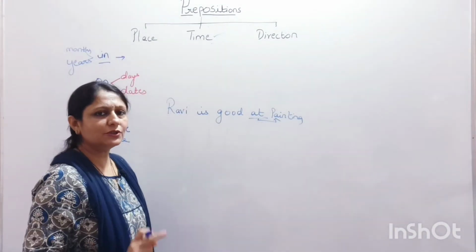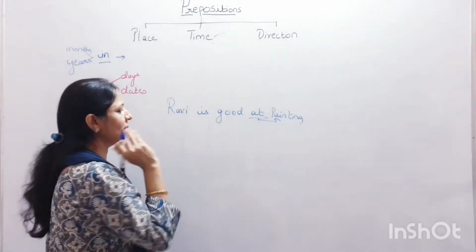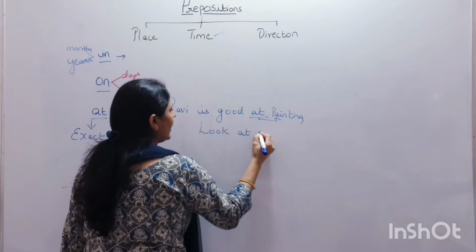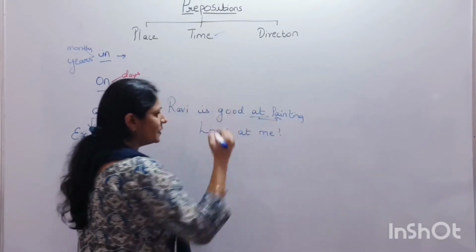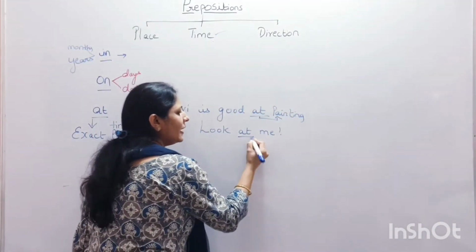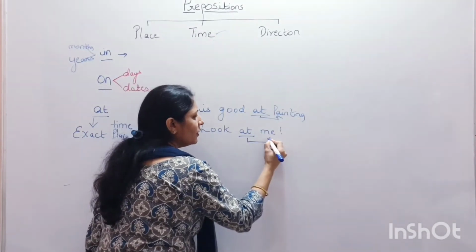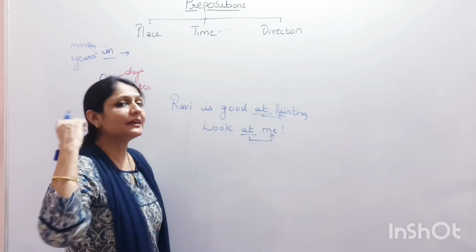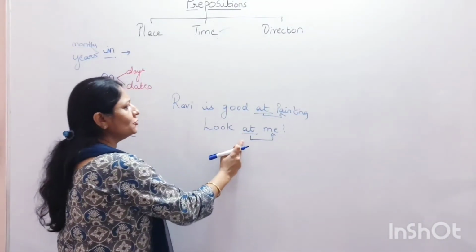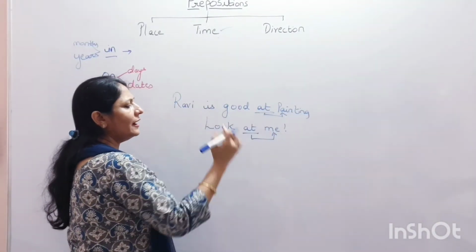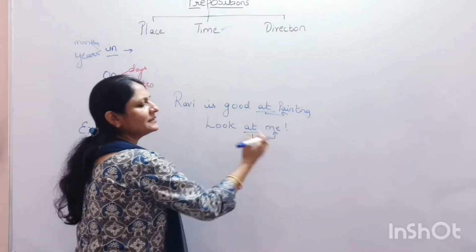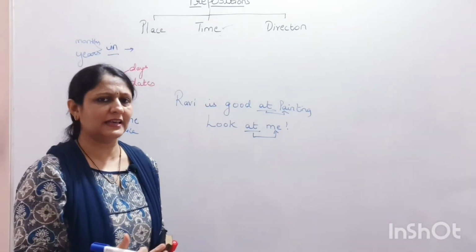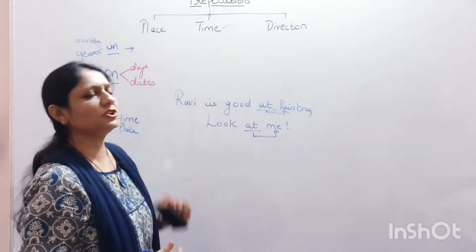At is also used for pointing something. I can say, look at me. Now here again at is pointing on the exact person who wants to be looked at. So at is also used for art. At is also used for exact person. Anything where you specify something exactly, you use the preposition at.